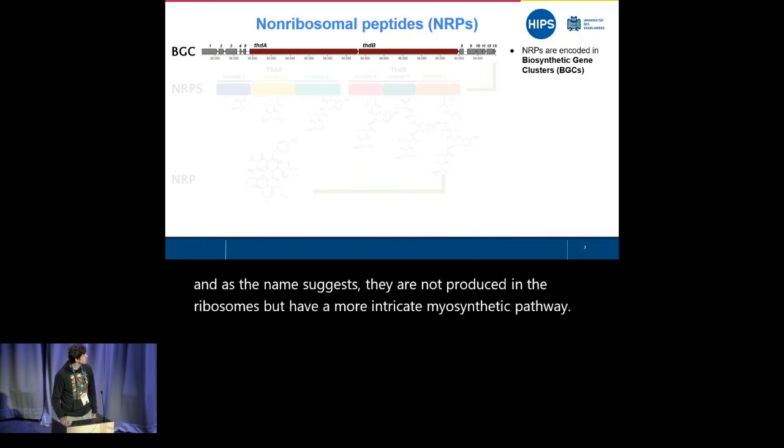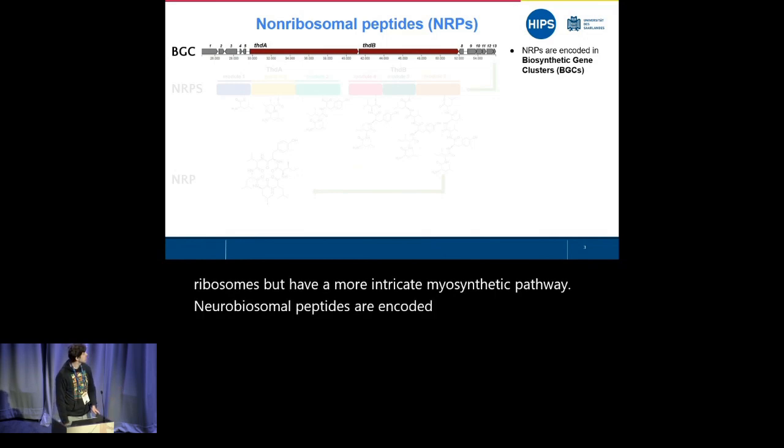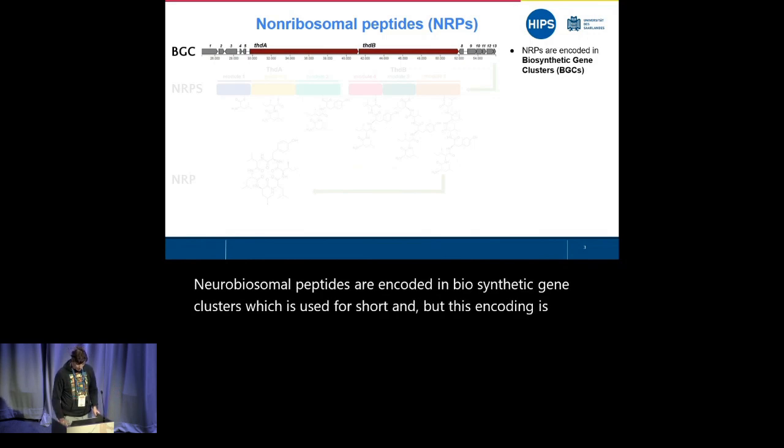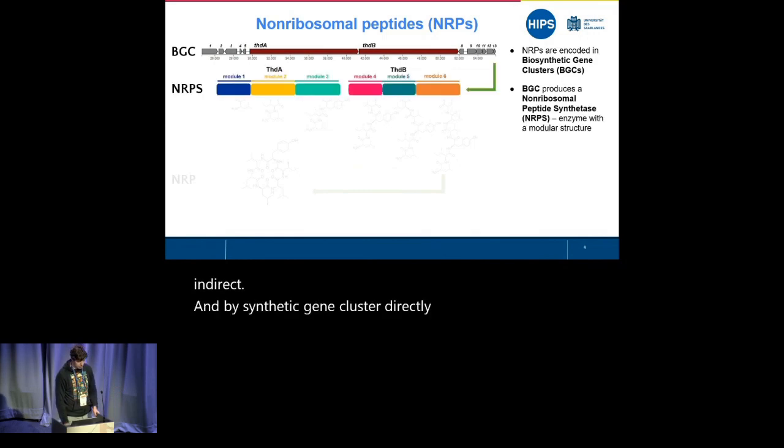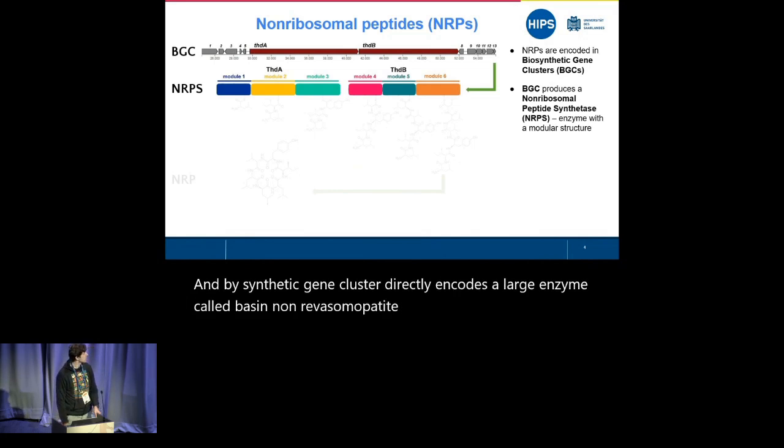Nonribosomal peptides are encoded in biosynthetic gene clusters, BGCs for short, but this encoding is indirect. A biosynthetic gene cluster directly encodes a large enzyme called nonribosomal peptide synthetase, and this enzyme in turn produces the final NRP product.